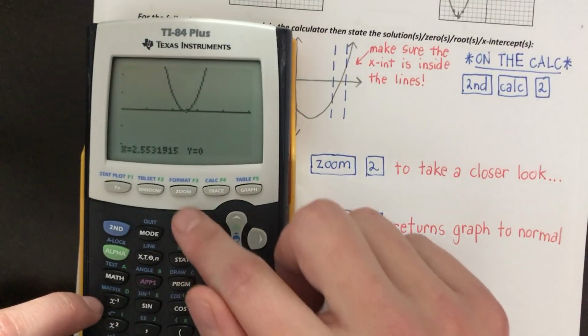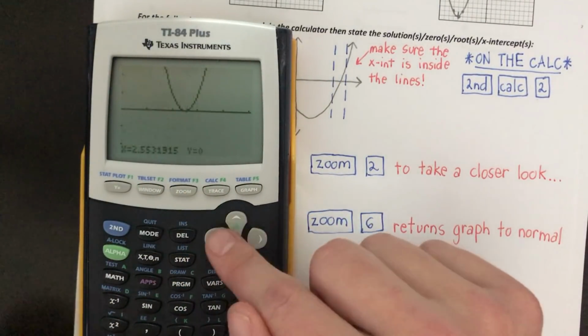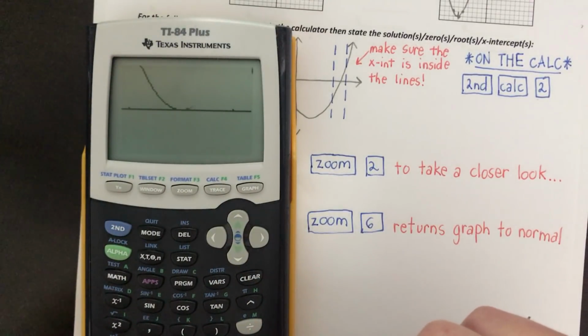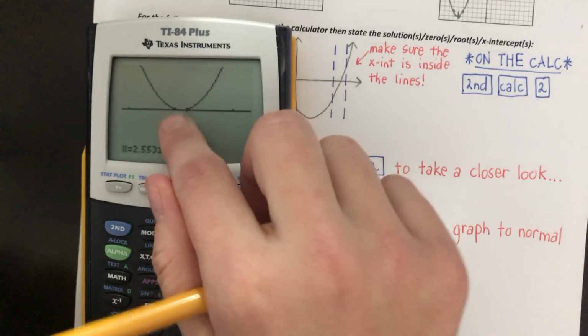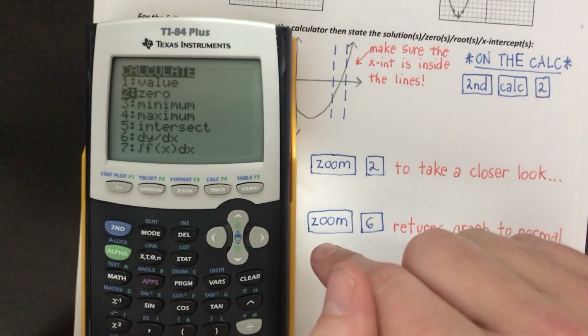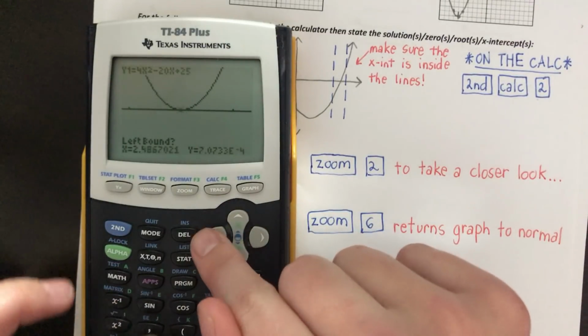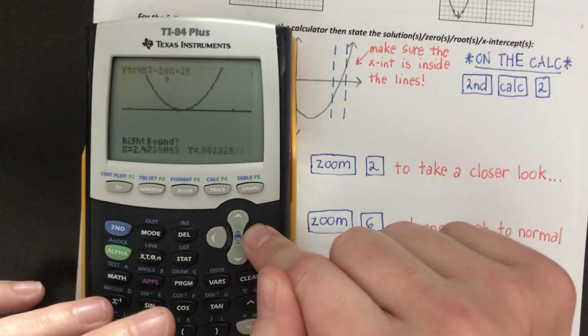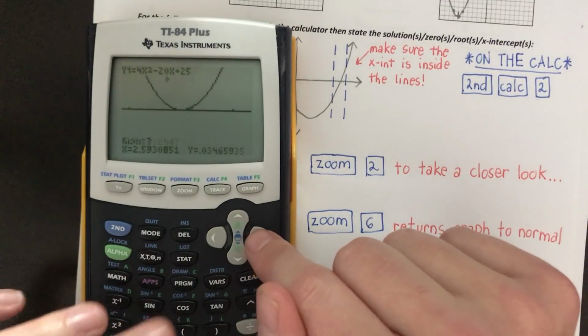Let's do another zoom 2 just to make sure. Zoom 2, make sure your cursor's where you want to zoom in, hit enter. Yeah, that vertex is on the x-axis. Let's do a second calc 2. Scroll our cursor to the left. Scroll our cursor to the right.